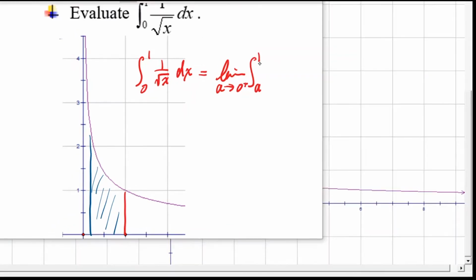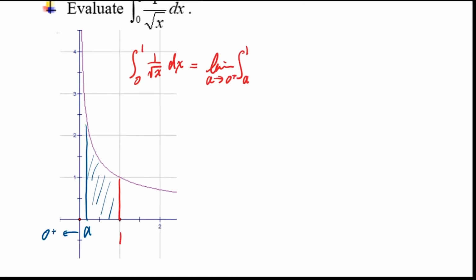And then we might as well rewrite this as x to the negative 1/2 power dx. Are we good? And that, of course, antidifferentiates to x to the positive 1/2 power, therefore 2 times x to the 1/2, from A to 1.